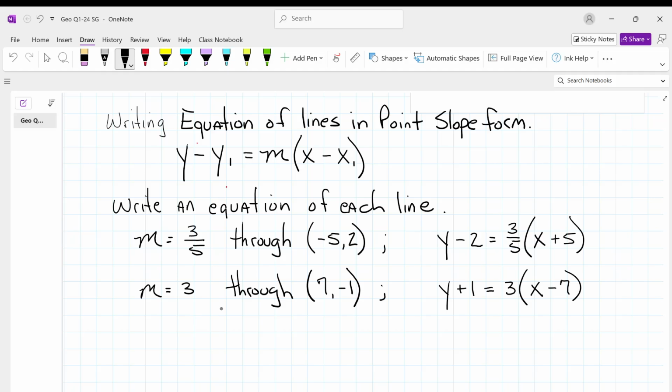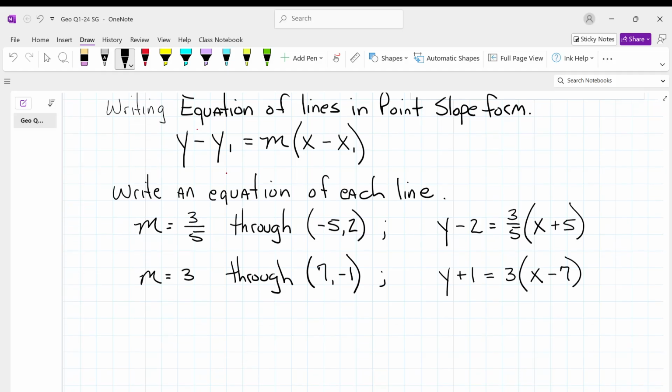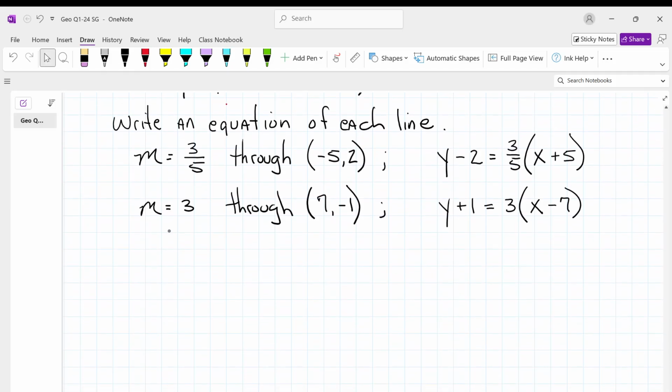All right, so let's write one more of these, one more equation. We've got a slope now of -3. We're going through the point 1, negative 4.